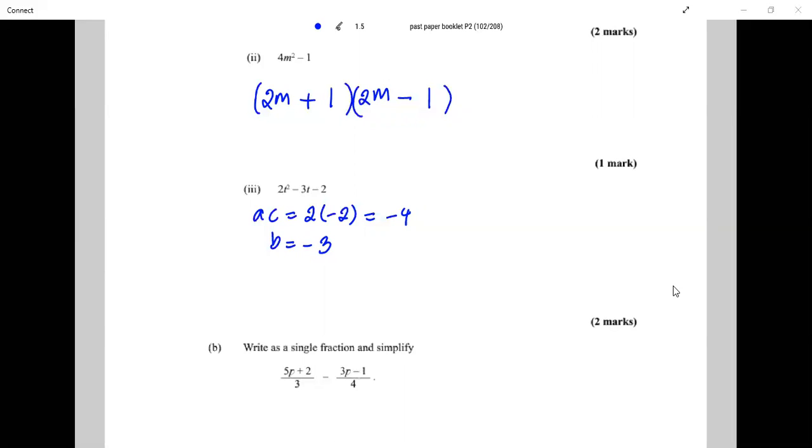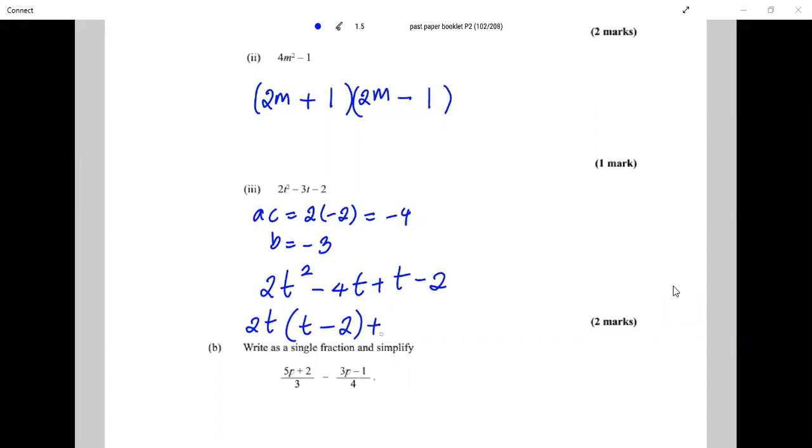So I'm going to split the middle term into 2t squared minus 4t plus 1t minus 2. To the left, 2t is common, so I put that outside, 2t. 2t into 2t squared is t, minus 2t into 4t is 2.